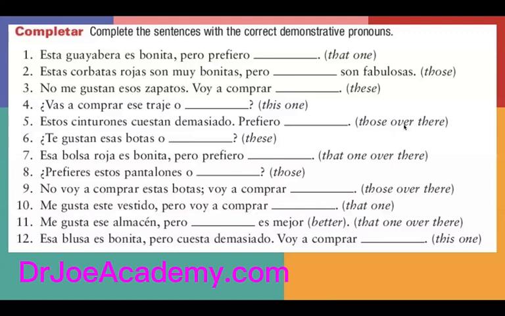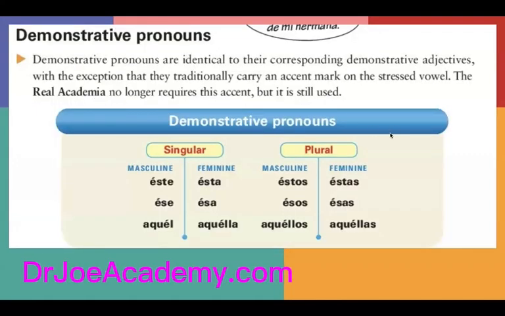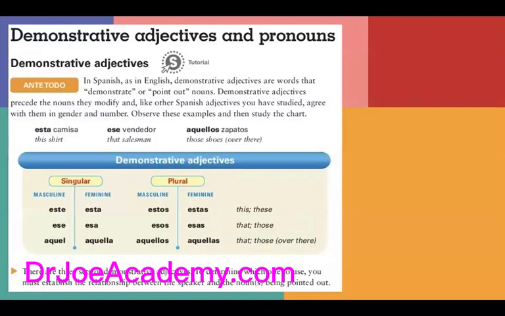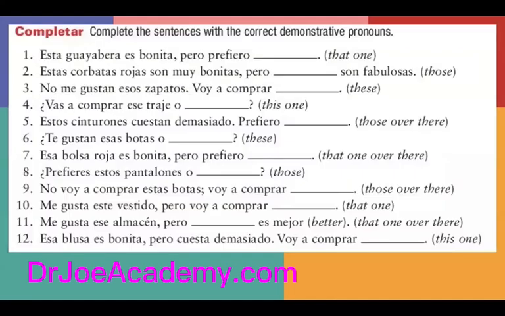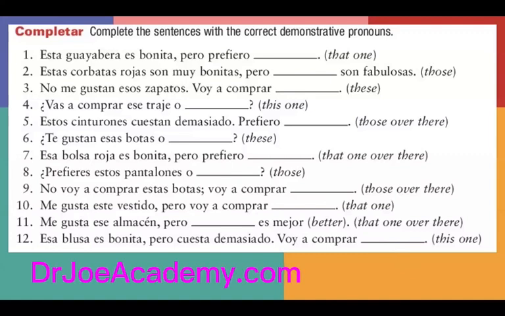Those over there would be aquellos, aquellas. So those, in plural, would be esos or esas, depending on the gender, of course. So we would say esas because corbatas rojas is feminine.